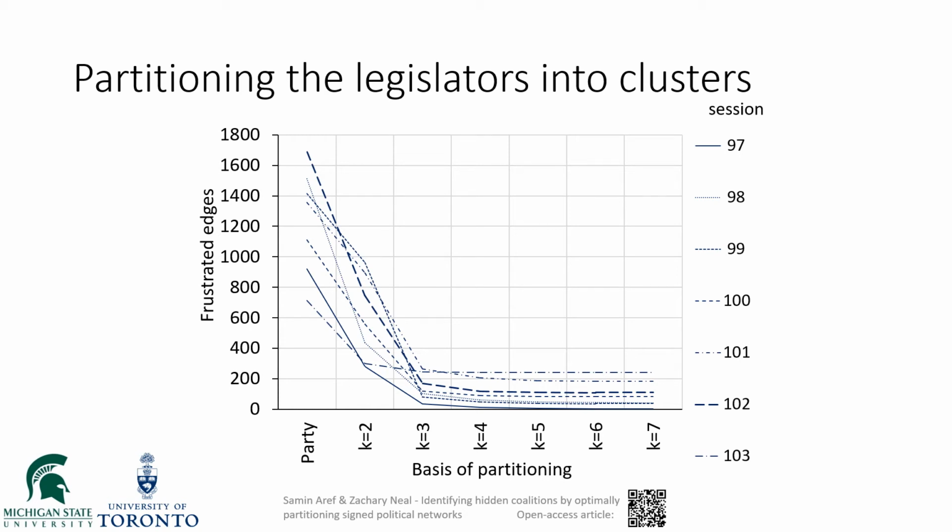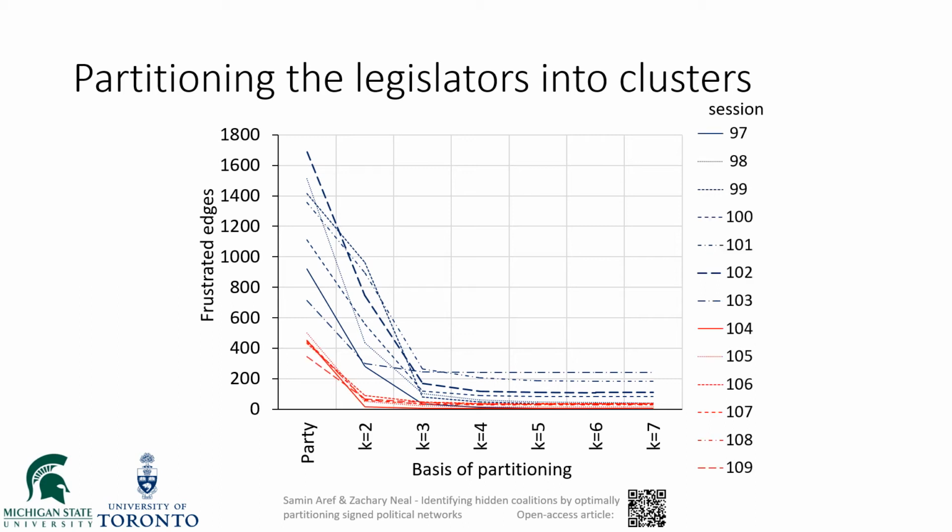Then the next best thing is to use optimal partitions into 2 groups, but still optimally partitioning into 2 groups has many frustrated edges compared to optimally partitioning them into 3 groups. And from 3 groups onward, there's not that much improvement.